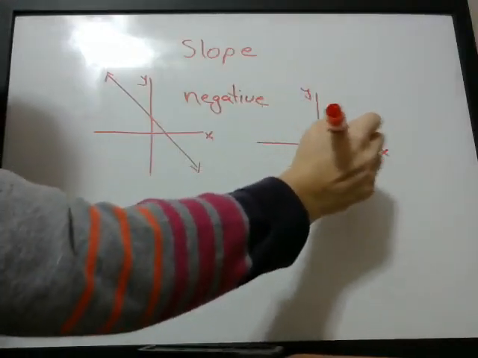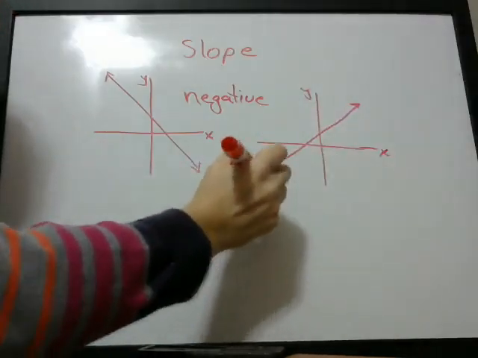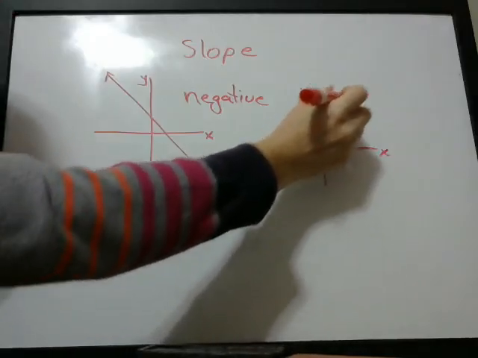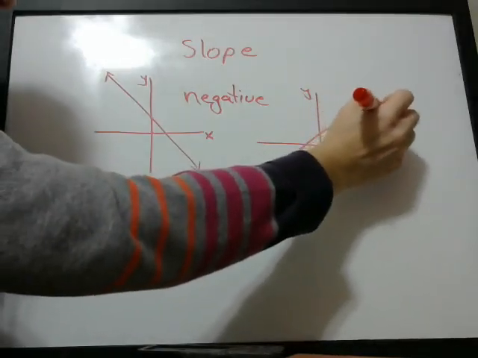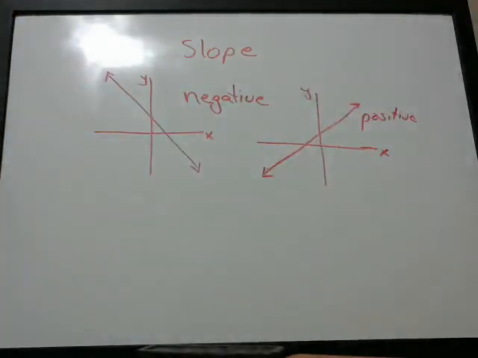Similarly, if you have a line, and let's say you're standing on the leftmost part, and you're going to be going uphill, you're going to have a positive slope. So it's just going to be a regular positive number.